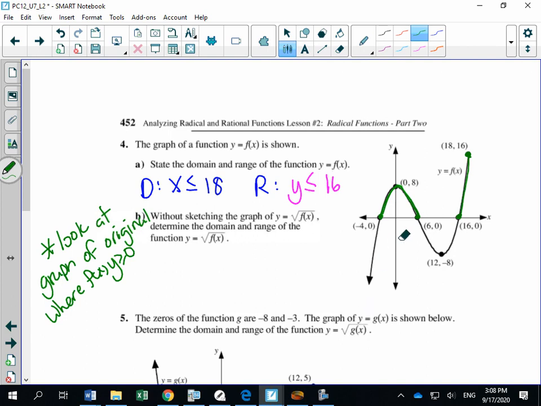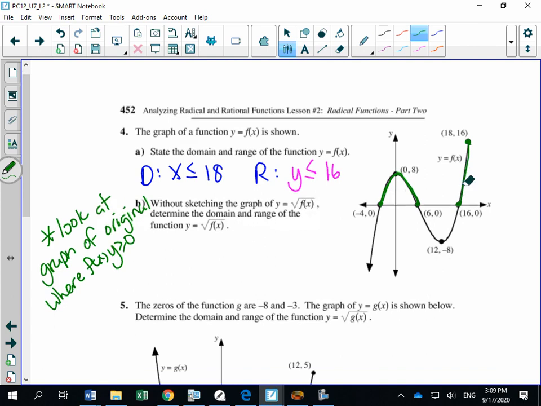When we do our radical graph, we're square rooting y values, and you can't take the square root of a negative y value. So I only care about the positive pieces of my original graph. If I can state the domain of these green pieces, that will be the domain of my transformed radical graph.